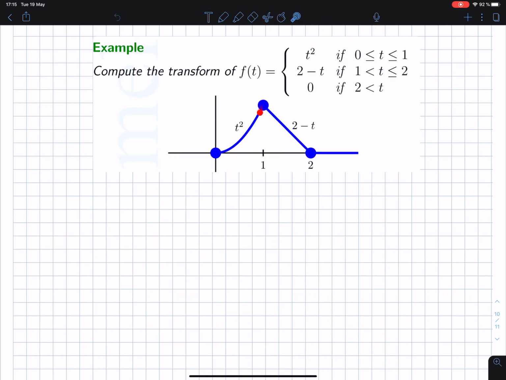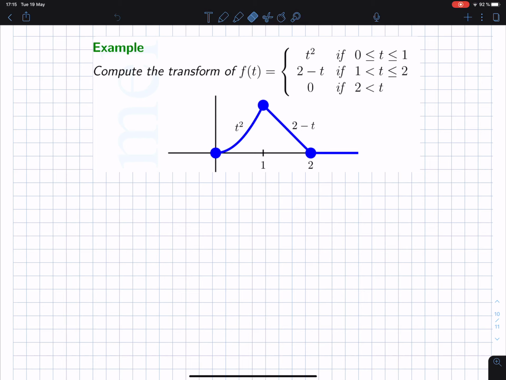So it looks like this, t squared. Remember that this axis is the t-axis. Then between 1 and 2 it is a line with slope minus 1, so decreasing. And from 2 on, for higher values of t, the value is just 0 forever.